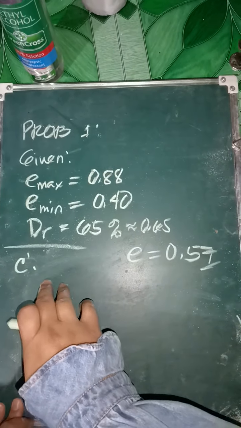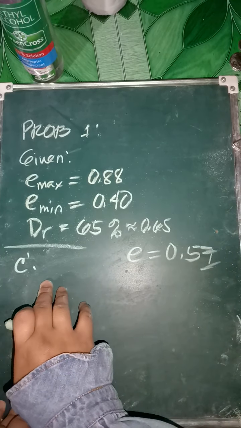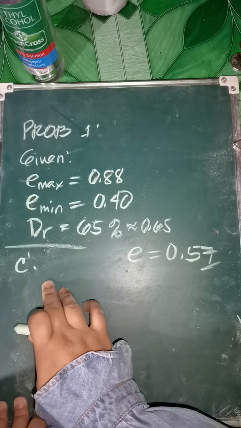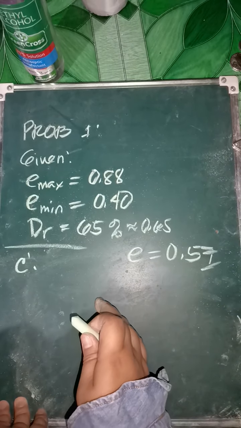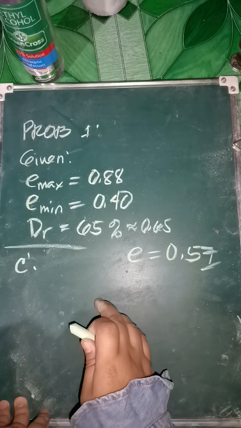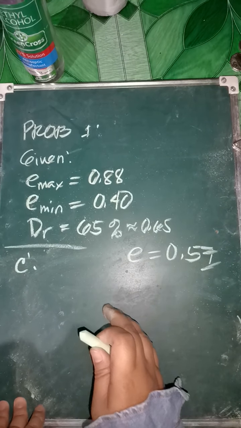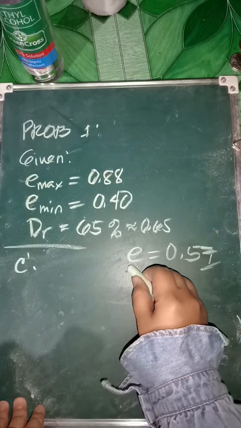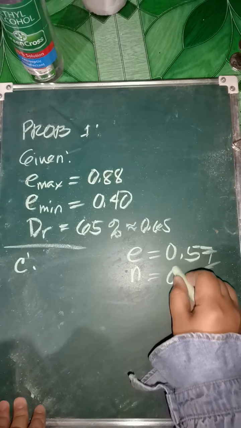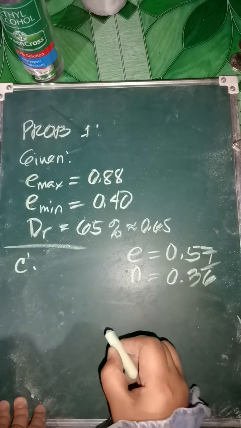For the letter C, the question here is, if the dry unit weight of the silty sand is 16.85 kilonewton per cubic meter, compute the specific gravity of the sand. We have already computed the porosity N, that is 0.36.